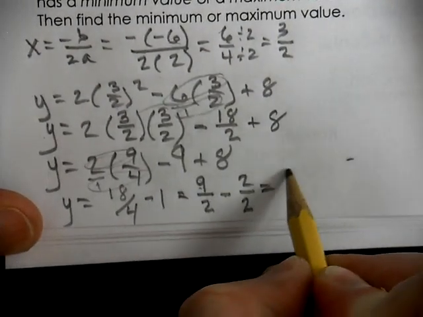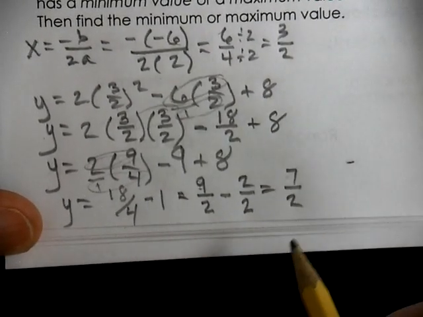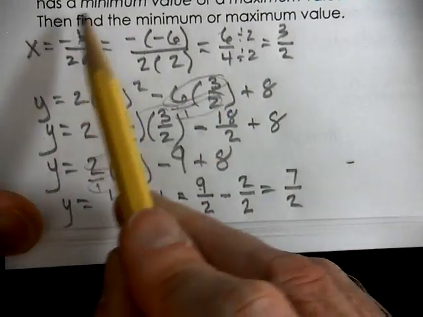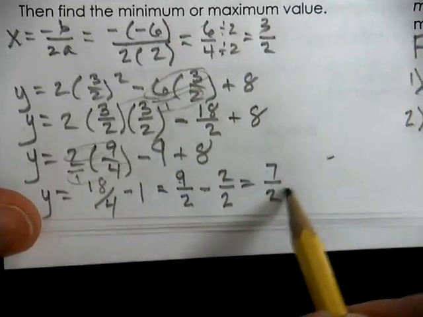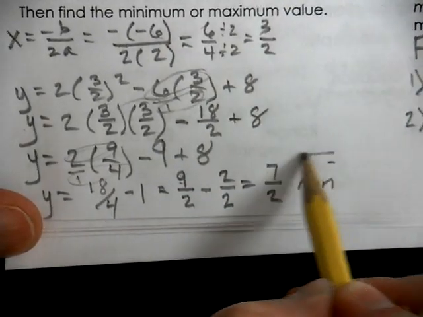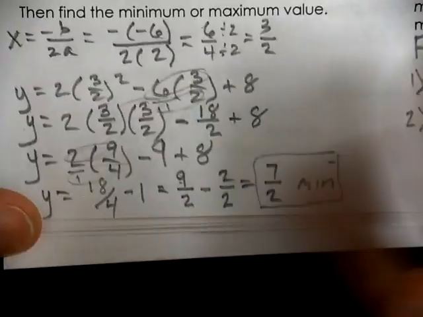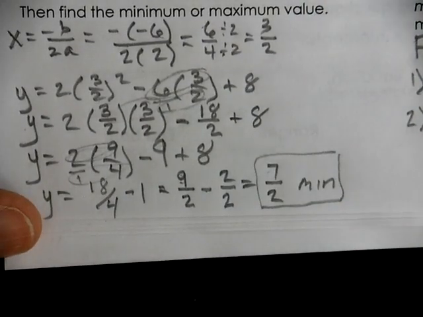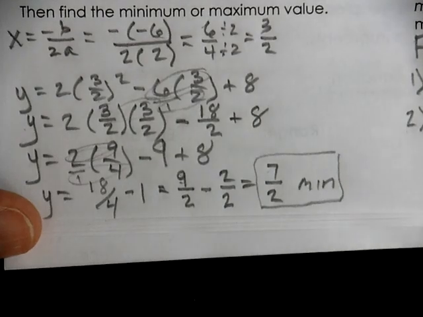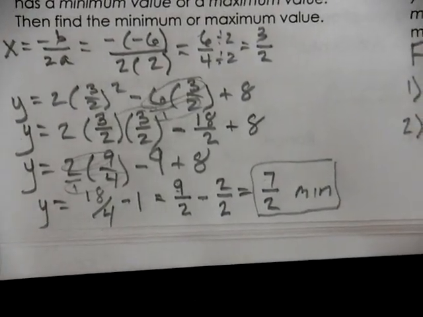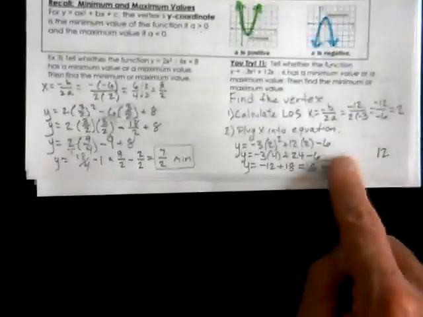So that becomes 7 over 2, and that is considered a minimum because our a value is positive. There it is. That was trickier, no doubt about it. But they're not all tricky. We saw an easier one right here.